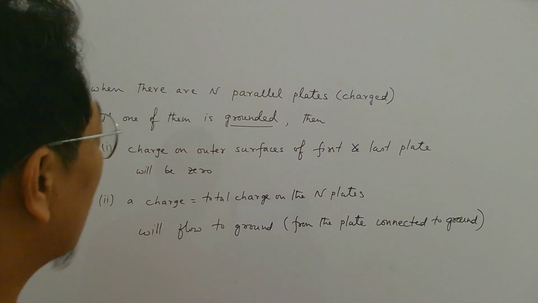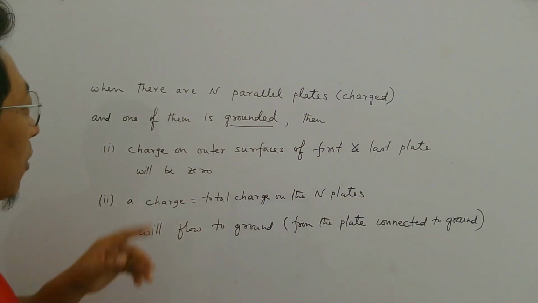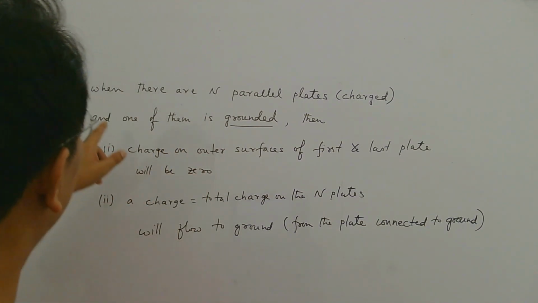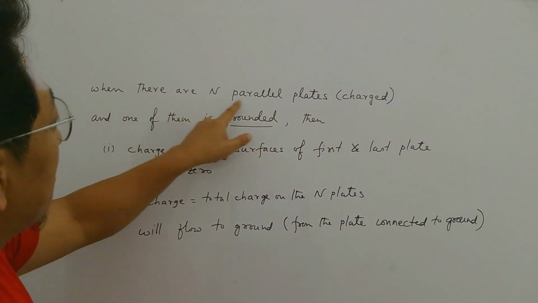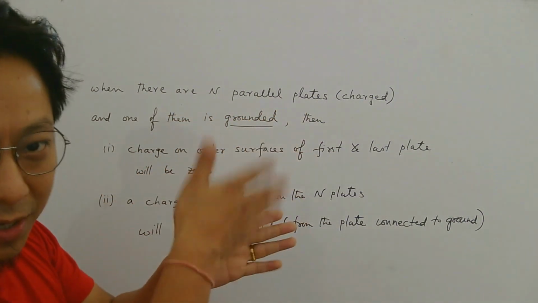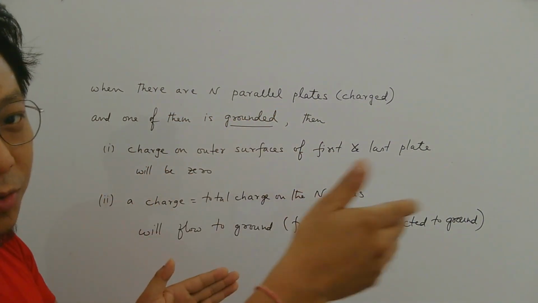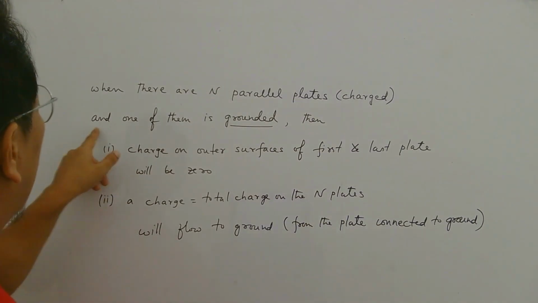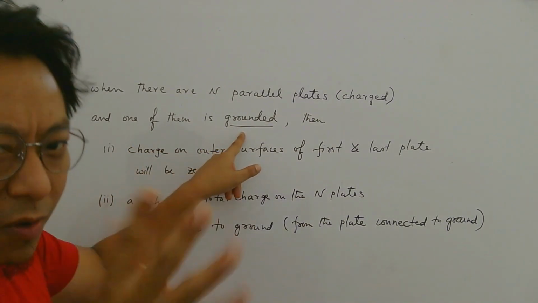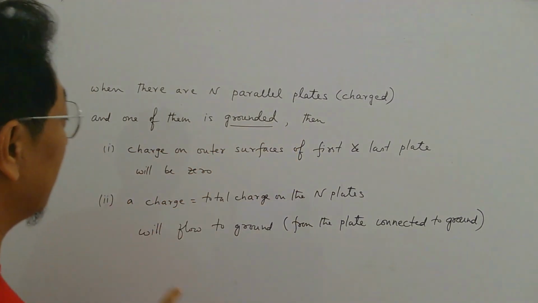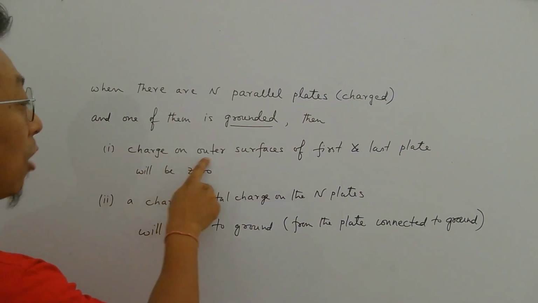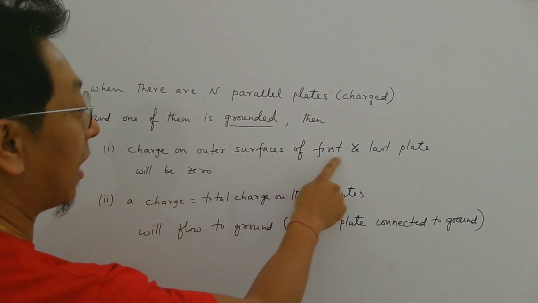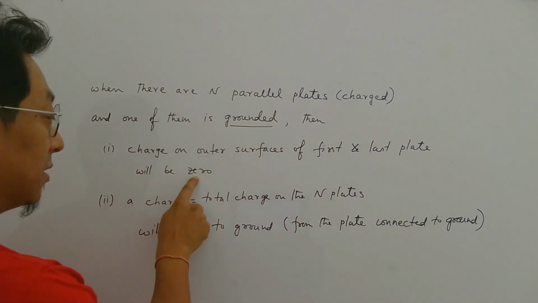So what is the important thing that happens when one of the plates is grounded? When there are n parallel plates which are given some charges q1, q2, q3, let's say, and one of them is grounded, any one of them, then first thing, the charge on the outer surfaces of the first and the last plate will become 0.